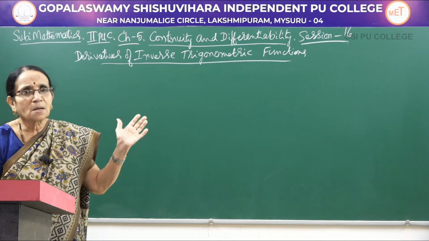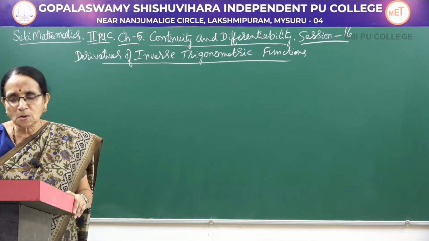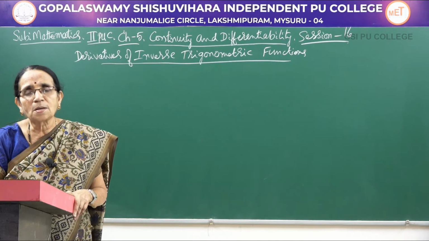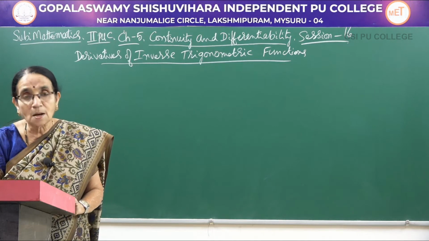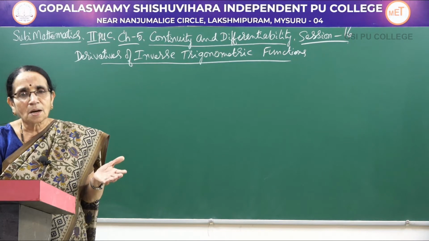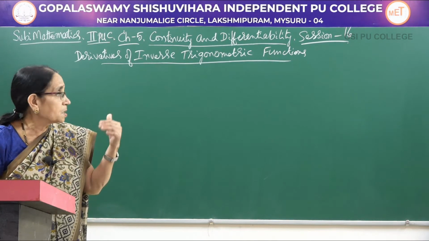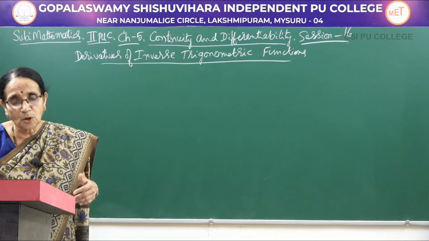Generally, if the derivation is asked, it can be expected for a 2-mark question, because here we do not derive using the first principles method, but we use the chain rule, considering it as a composite function, to derive these important formulae.